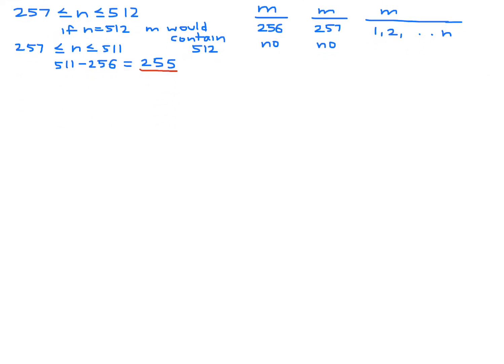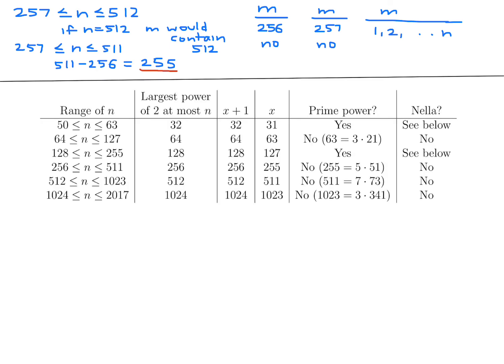So we got 255. Now we want to create the same table again, but this time reversing x and x plus 1. So here we go. The ranges are the same, but this time we're looking at the powers of 2 as x plus 1. So this time these are 2 to the power of whatever, p, let's say.